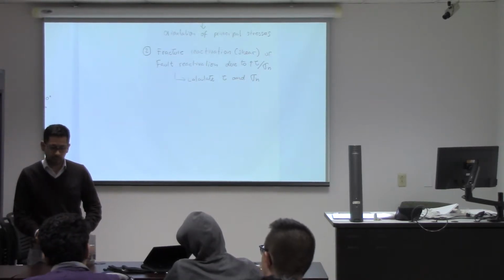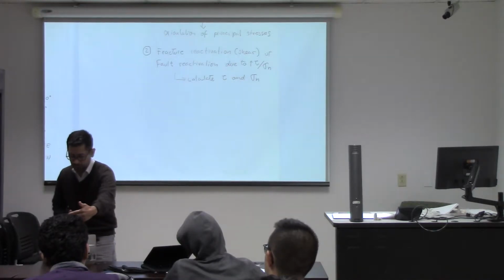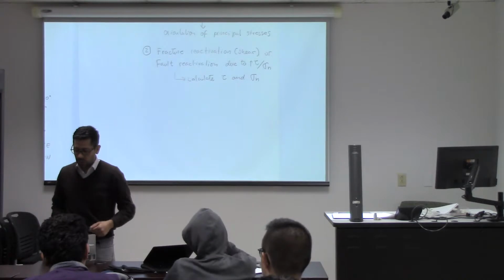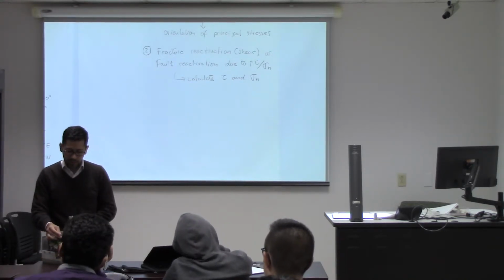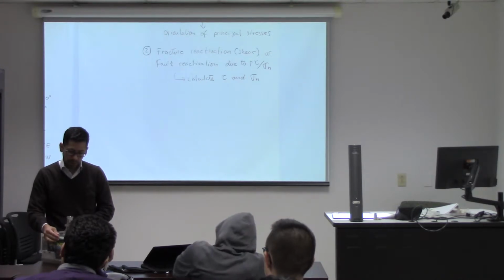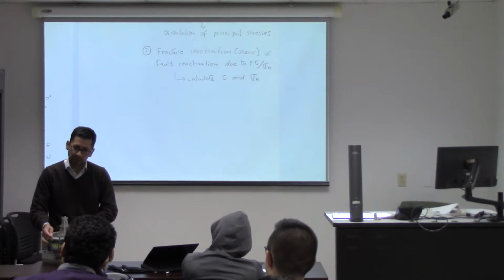I could have that too. And that would be caused by stresses which come in this direction, like this. So that makes this block move in this direction like that. And that's why it's called strike slip, right? Because it slips in the direction of the strike.